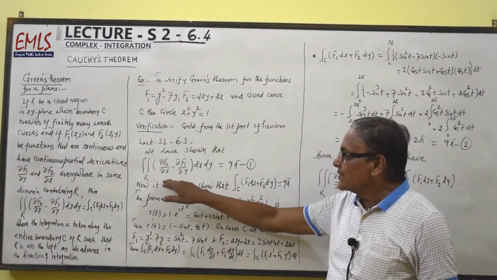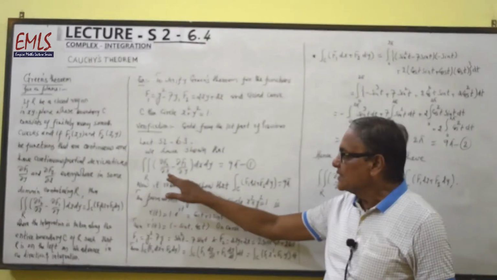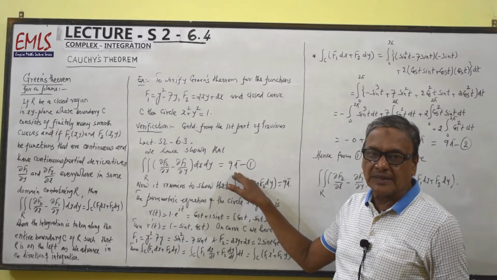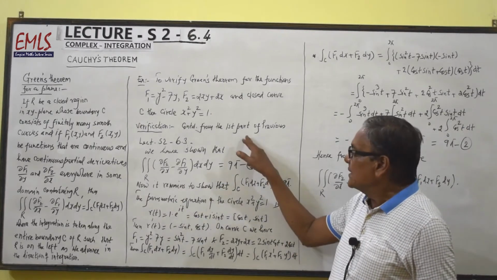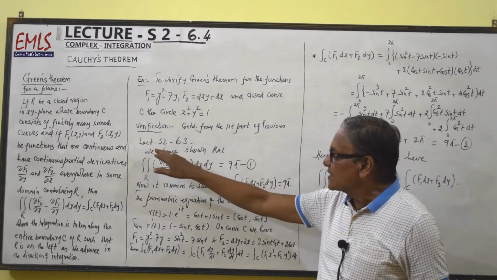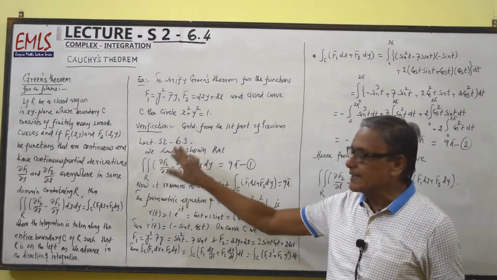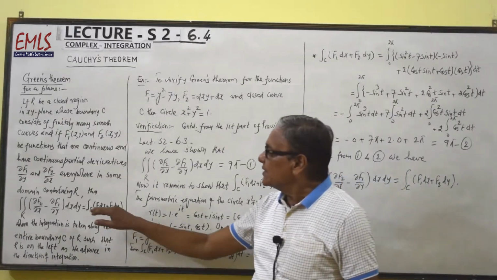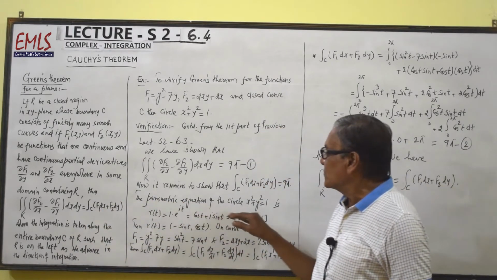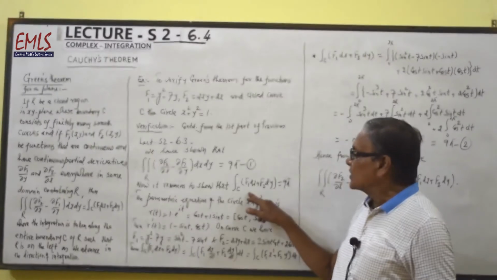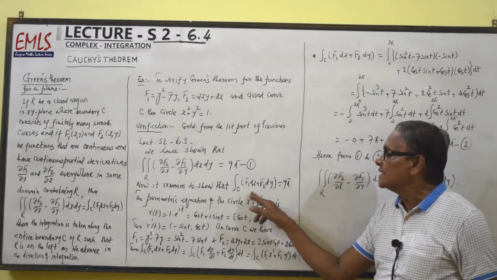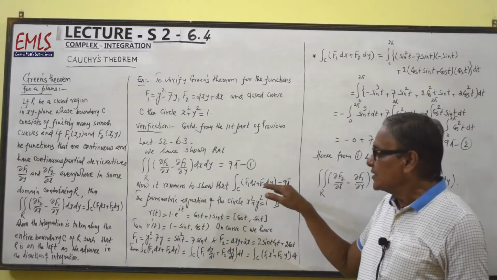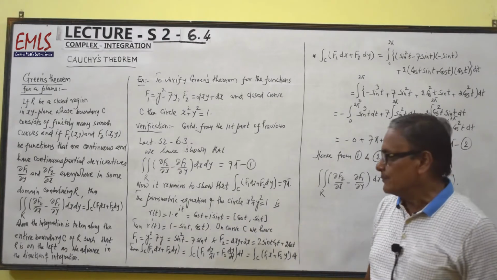We have already proved the surface integral over R of (del f2 del x minus del f1 del y) dx dy equal to 9 pi, in the last part of the previous lecture. Now we want to establish this part is also equal to 9 pi. Now it remains to show that the line integral over C of f1 dx plus f2 dy is equal to 9 pi. This we want to prove.